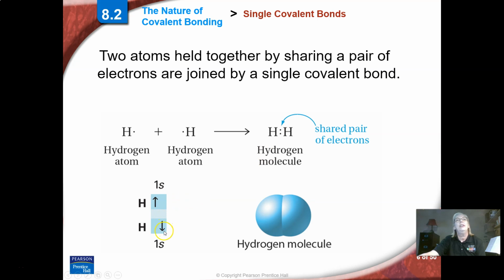So if these 2 share, each hydrogen feels like it has 2 electrons, so it feels happy that way. So every atom in these covalent things is trying to make an octet, or in the example of hydrogen, a duet, because remember this is a small shell.